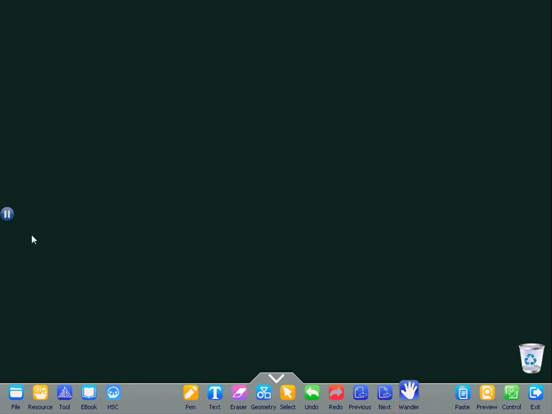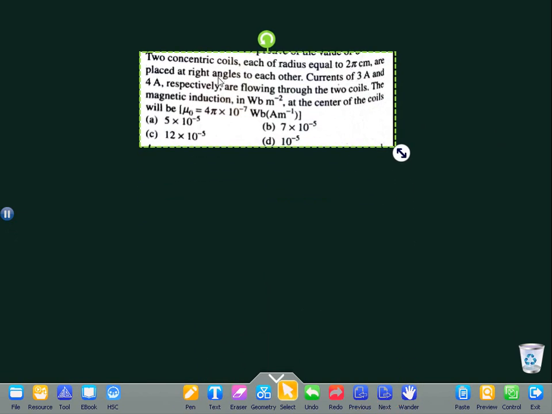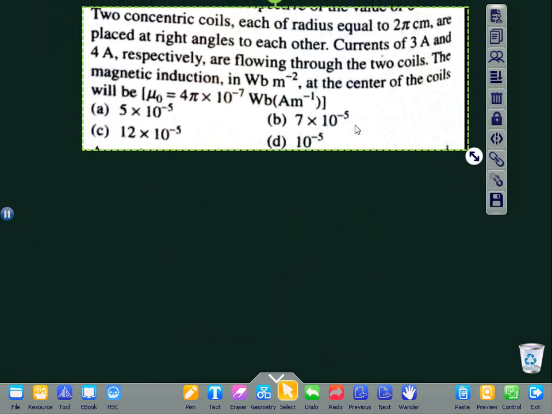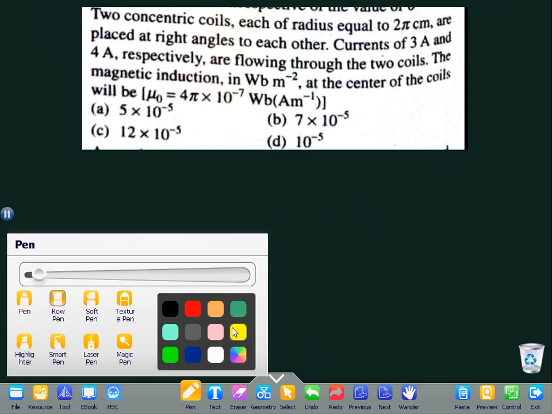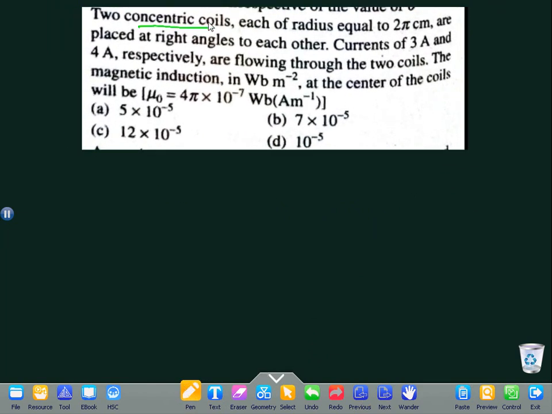Let's see one another example. Two concentric coils, each of radius equal to 2 pi centimeter. So let's see here, radius is given, it is 2 pi centimeter. This is given in centimeter, it means 2 pi into 10 raised to minus 2 meter. They are placed at right angle to each other.